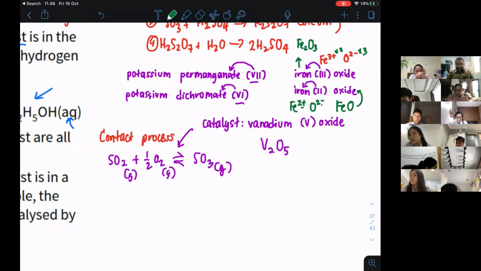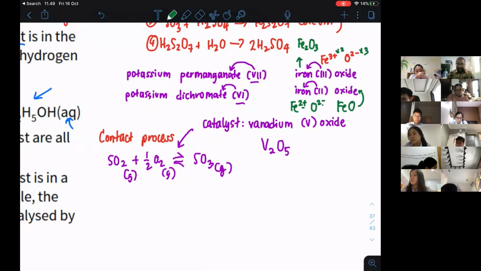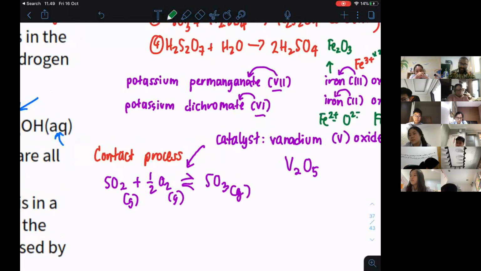Similar to that, when we look at potassium permanganate and so on, you memorize this. Normally we write it this way, KMnO4. This one is K2Cr2O7, because we know that this is 7.